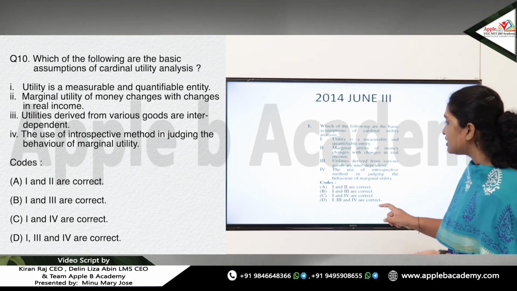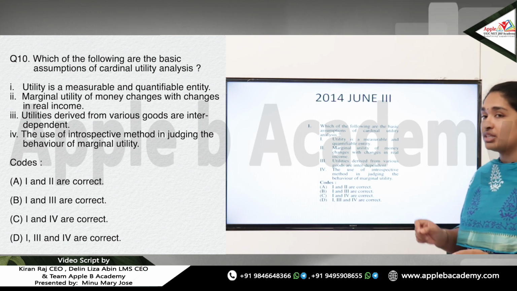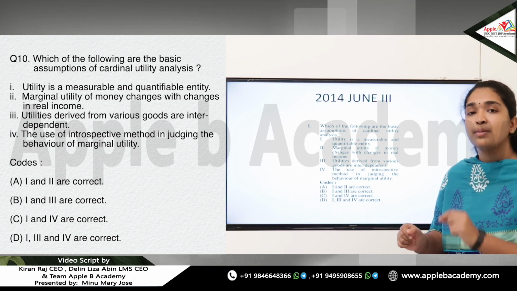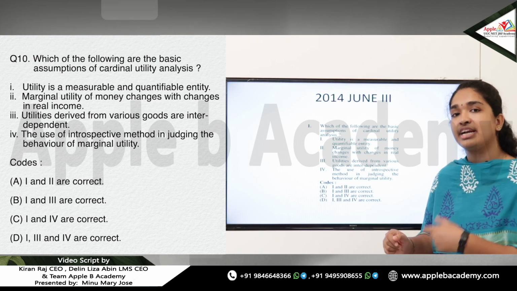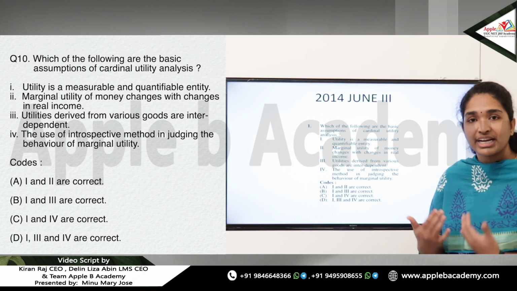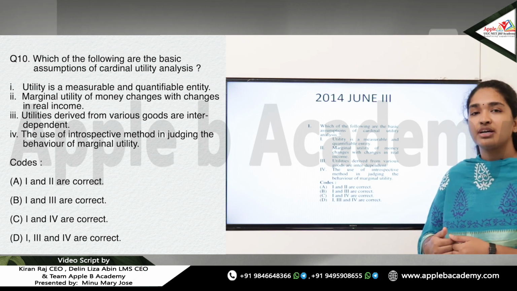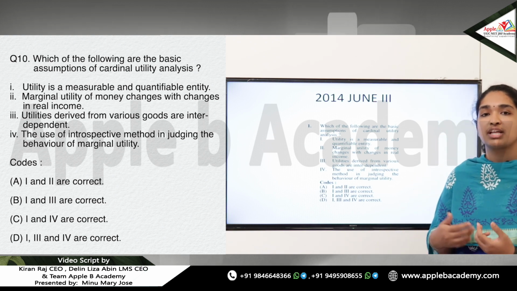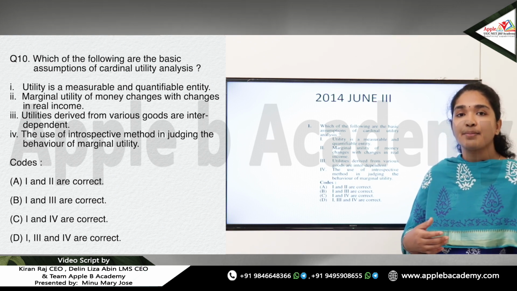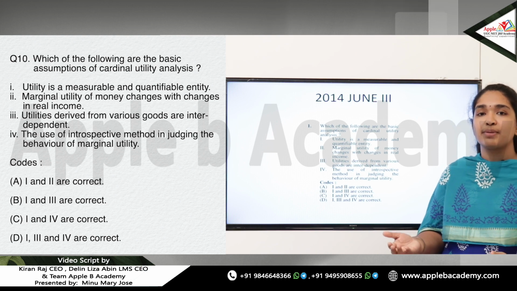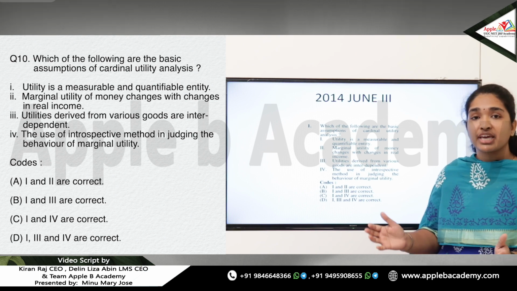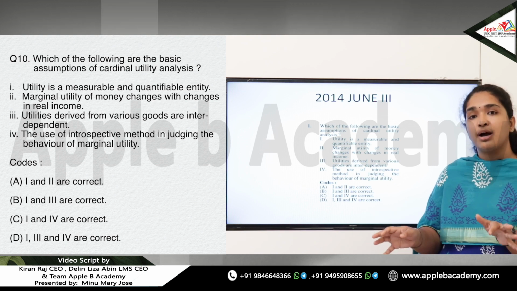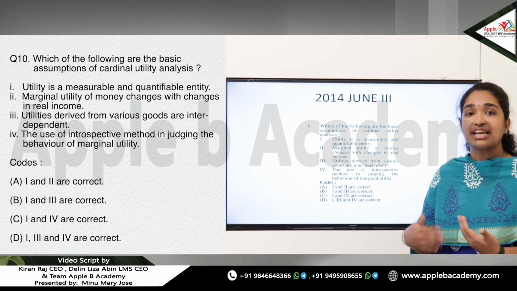Now the fourth one is that the use of introspective method in judging the behavior of marginal utility. This is an exact assumption, because how Alfred Marshall came to this idea of cardinal utility was based on the introspective method. That means it was based on self-observation. It was not based on how an individual might behave in the market, or on any market observations, but purely upon self-introspection, self-understanding, self-observation.